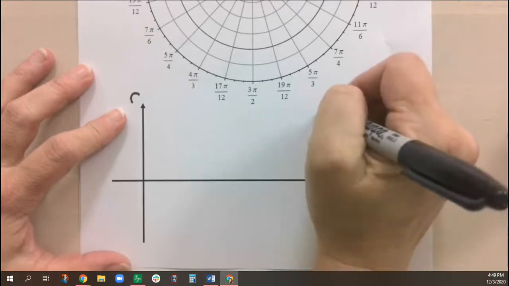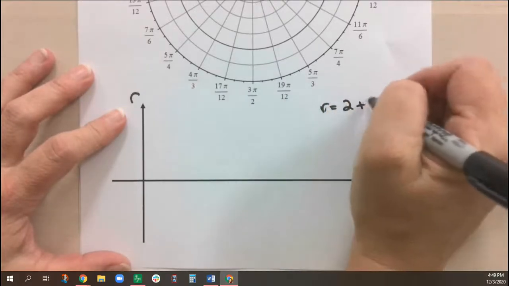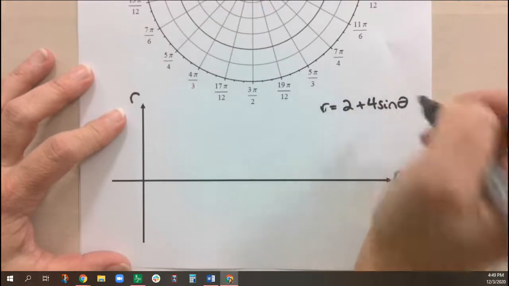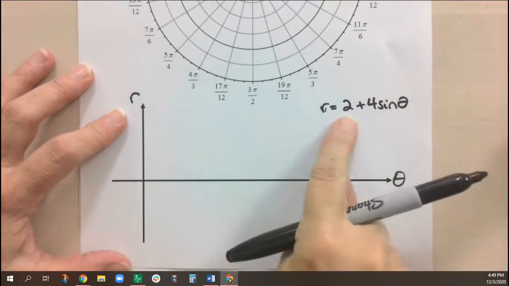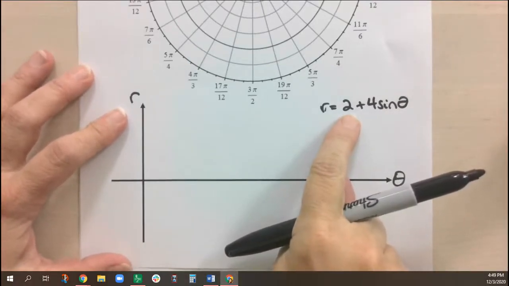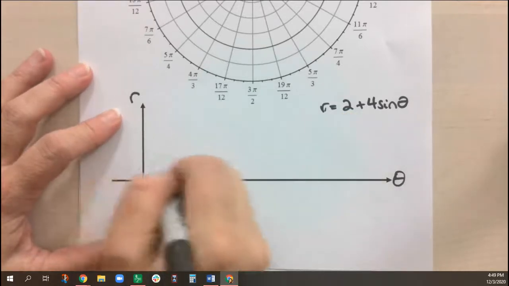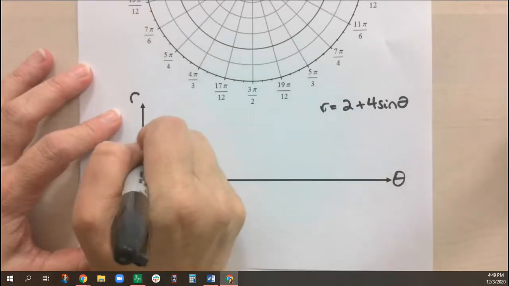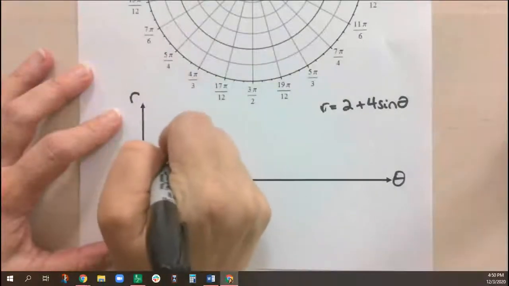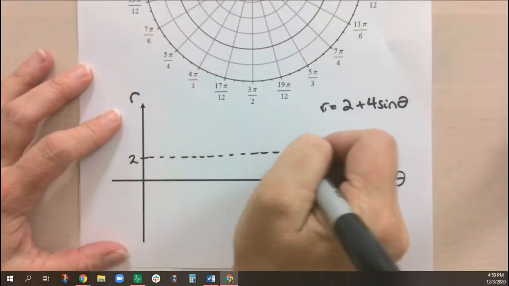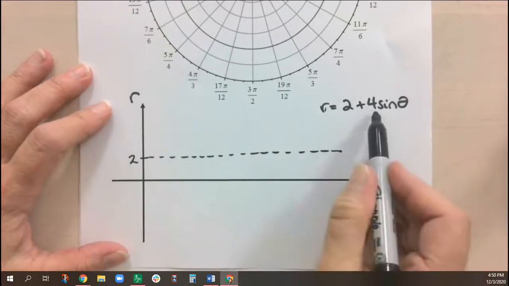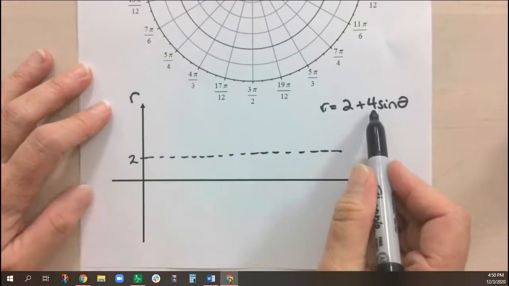I'll just rewrite our equation down here, 2 plus 4 sine theta. So this constant is going to become my midline. That's a vertical shift of the parent function. So my midline at 0 is going to move up to 2. So that should be the middle of the graph. Again, the 4 in front of the sine is the amplitude.